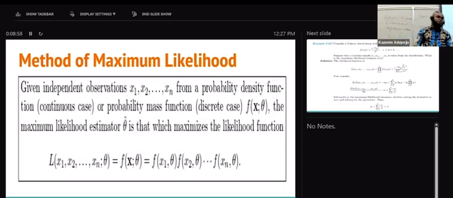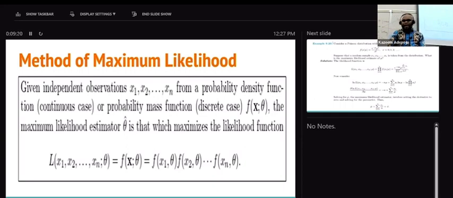If the probability distribution is normal, of course, I know there are two parameters in a normal distribution, mu and sigma. Then I need to know how I am going to get the mu and how I am going to get the sigma.